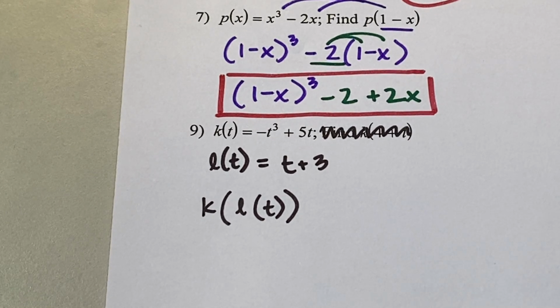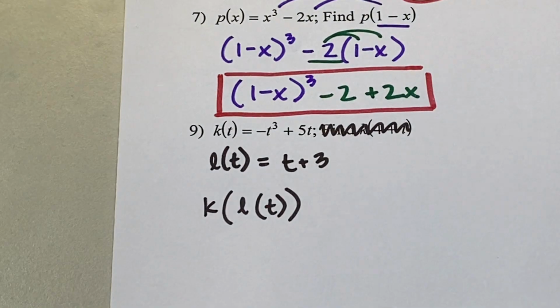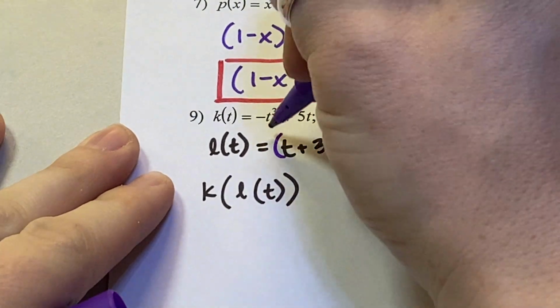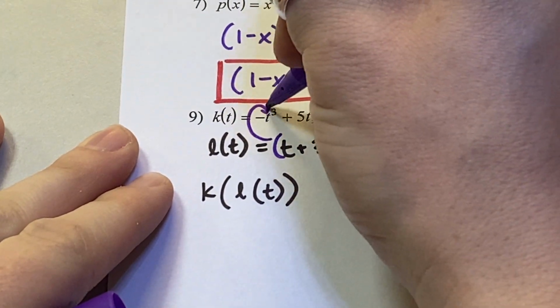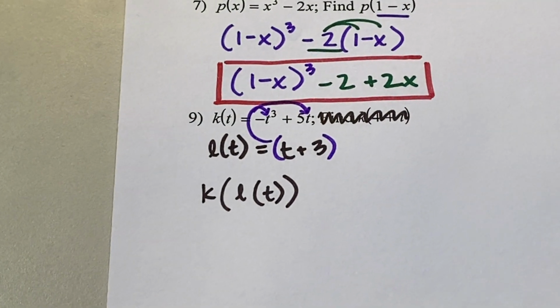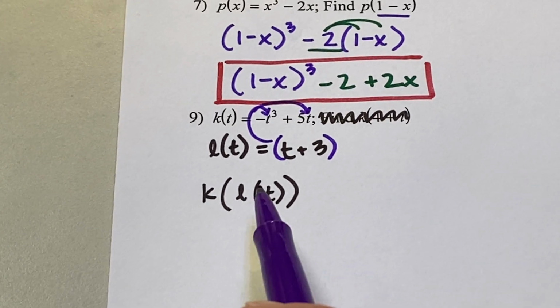We are taking our new function, t plus 3, this whole piece, and just like we were plugging things in before, we're going to take that t plus 3 and plug it everywhere we see a t. So again, it's going to look messy, but I want to make sure you're familiar with this format.